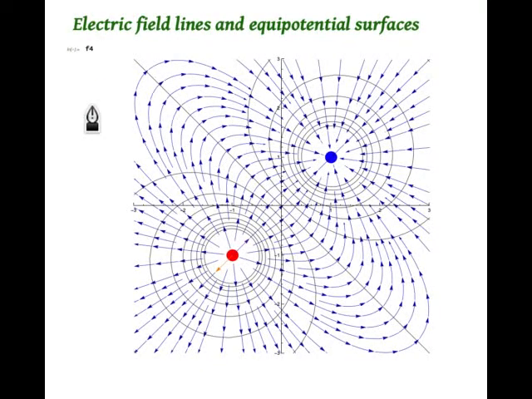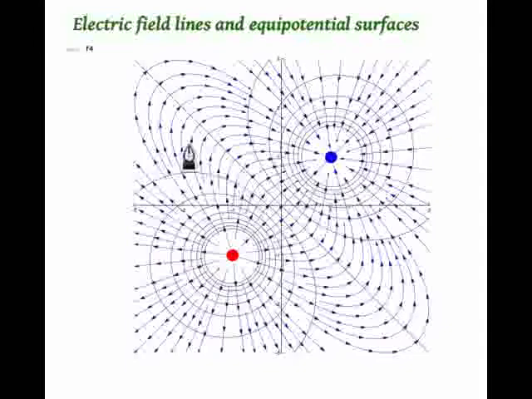Before I go on to the examples, remember we have electric field lines for visualizing the electric field filling a region of space around some sources. So here would be the electric field due to two charges, a positive charge here and a negative charge here.